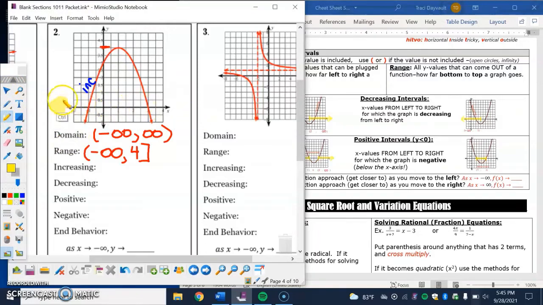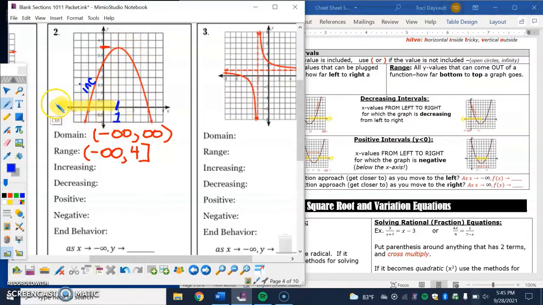If we start from left to right, as we go to negative infinity, this graph, as I move this way, is going to be increasing until we get to where? On the x-axis, and this one, I notice this is 1, 2, 3, 4, the graph stops increasing when x is 1. Right here is where it stops increasing.